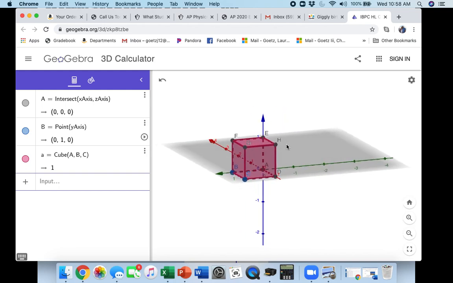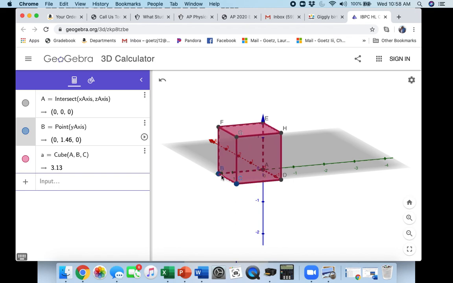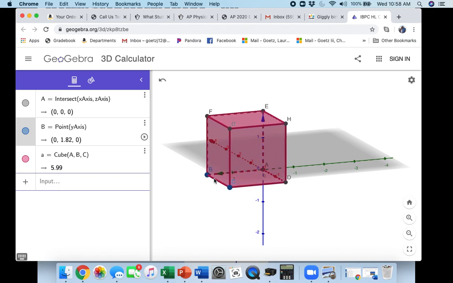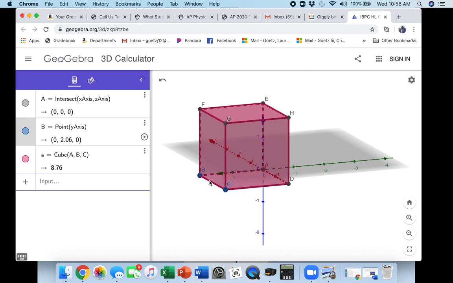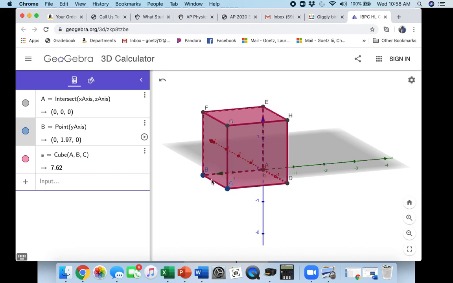The way I have this set up, the only thing I can move is along here, but you can see the same kind of thing is going to happen. If I scale this by 2, I can't quite get it exactly.